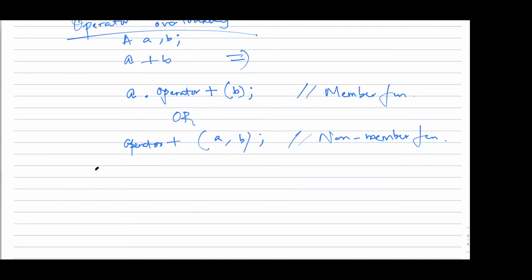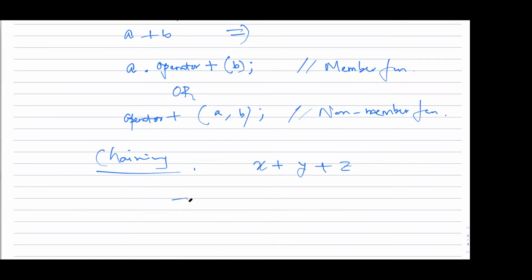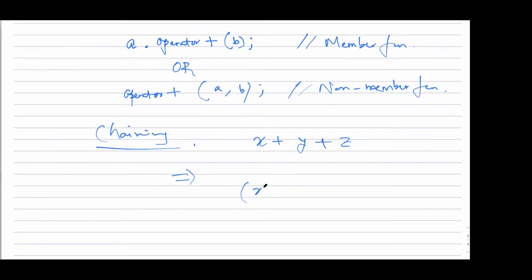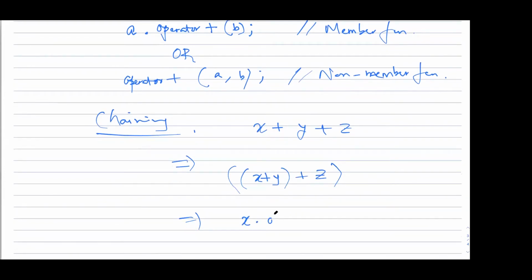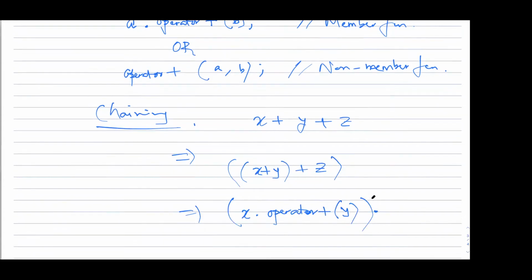So then this allows for chaining of operation. So when we do x plus y plus z, let's say, this is equivalent to basically saying x plus y, right, plus z. So then this is going to be equivalent to calling x dot operator plus passing in y, and then on top of that, whatever this returns, because this has to return an object of the type A, right?